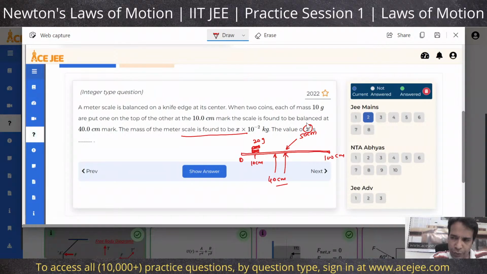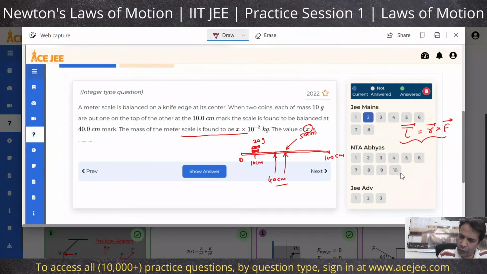So here we have to use the concept of torque. The sum of all the torques about the balance point, about the point where we have balanced the meter scale on the knife edge, we have to find the torque due to all these forces on the meter scale and then balance them out.